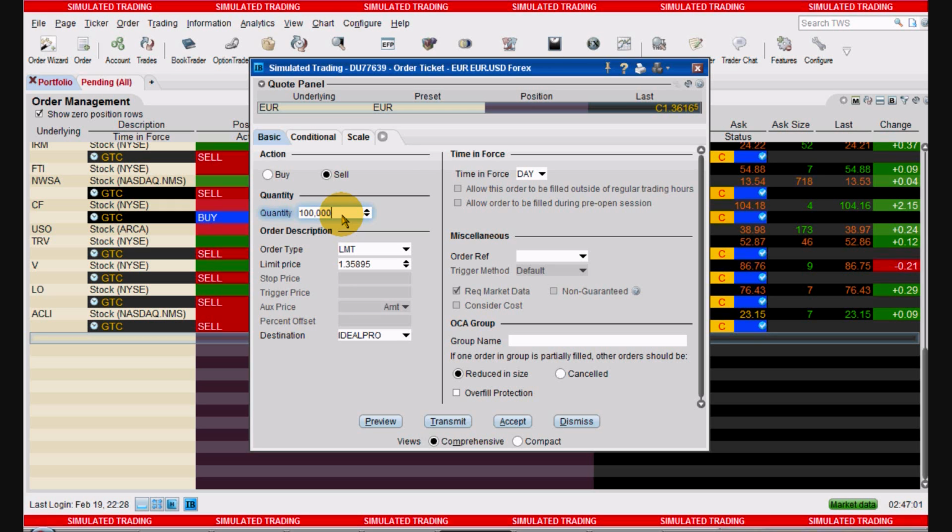One lot is 100,000 euros, 100,000 yen, 100,000 baht, dollars, whatever. It's 100,000. Okay, and mostly what we use is limit orders on this guy's trading signals, and we wanted to sell at 1.3633.